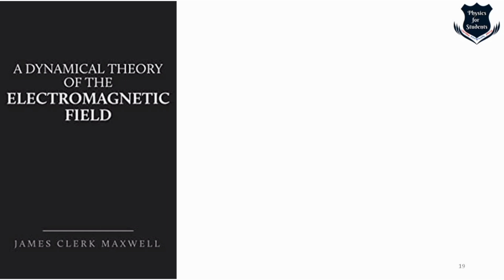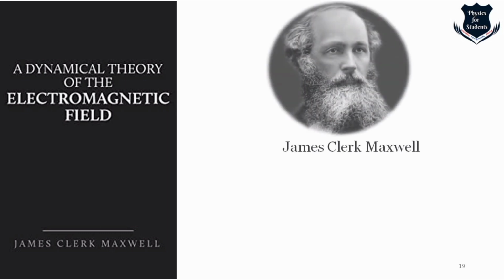In the paper, Maxwell derives an electromagnetic wave equation with a velocity for light in close agreement with the measurements made by experiment, and deduces that light is an electromagnetic wave. Here is the great person, James Maxwell.